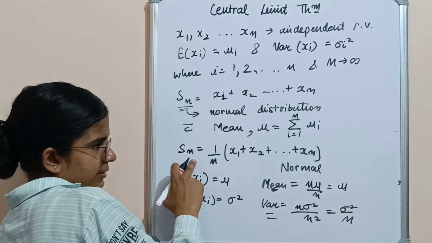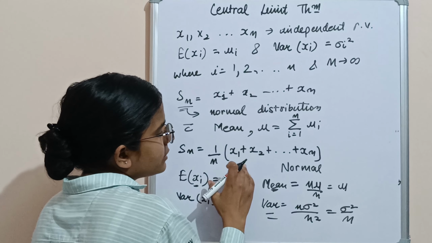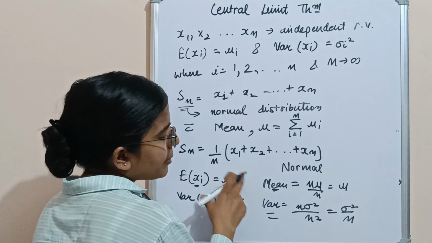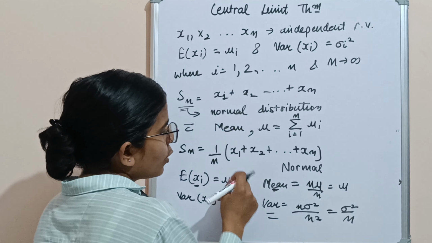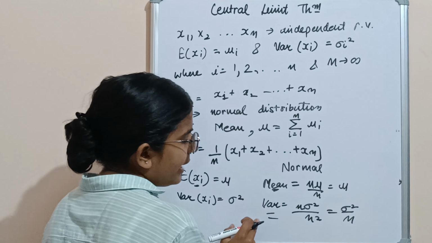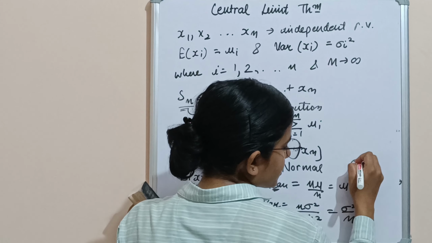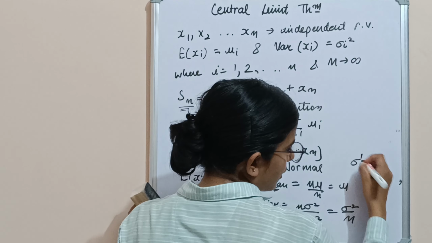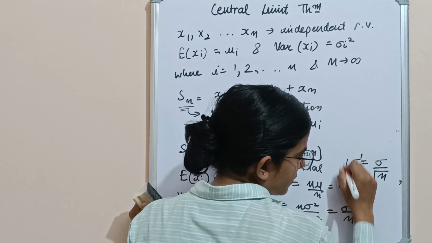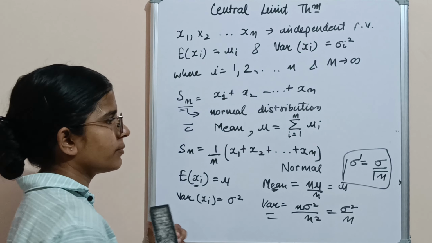So this Sn, which is 1 by n times the summation of every random variable, will have a mean equal to the mean of these random variables, and variance sigma square by n, and standard deviation will be sigma by root n. So this is our central limit theorem.